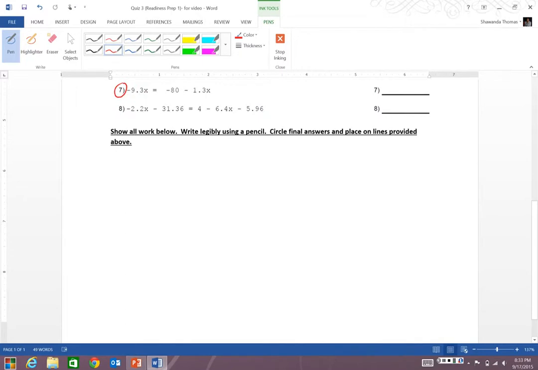Negative 9 plus 0.3x equals negative 80 minus 1.3x. Let's get our x's together by adding 1.3x. Now what you need to do is get out your calculator. Decimals can be tricky, right?